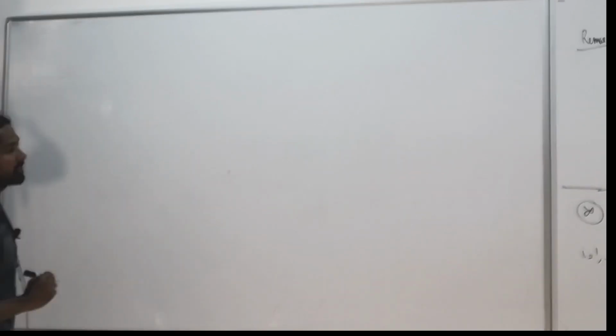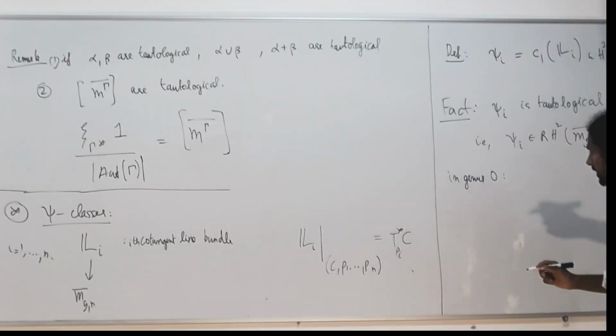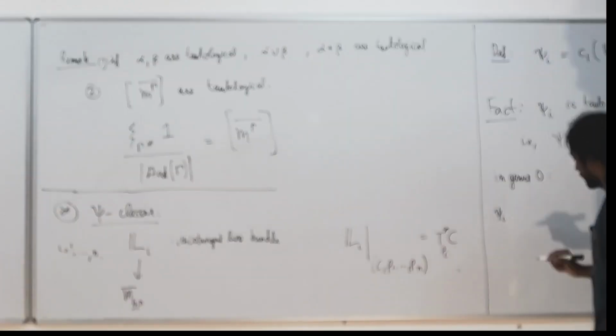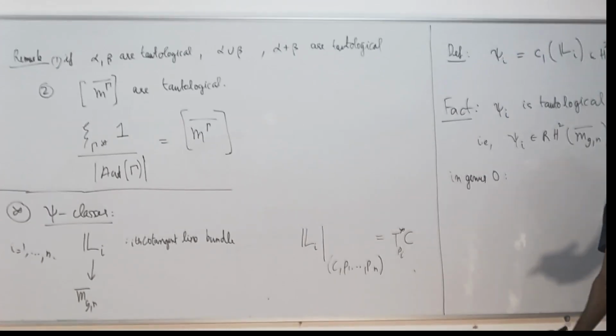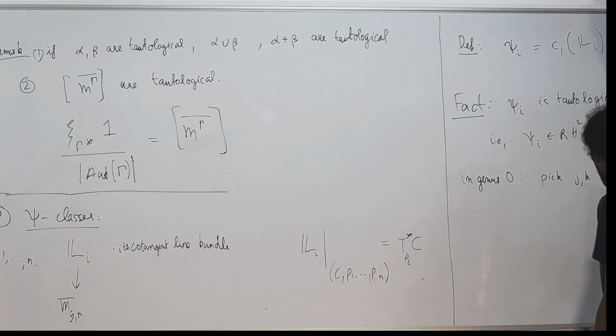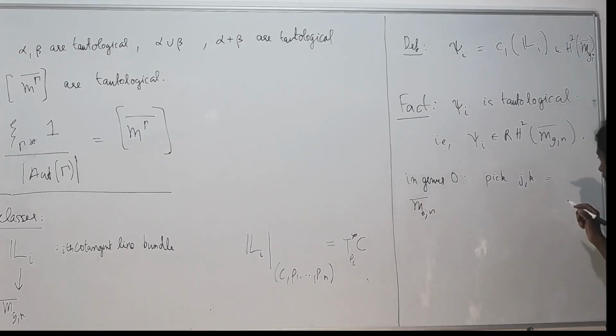Okay, so in genus 0, you can write the psi class, psi_i. I would like to get an expression for it. So what you do is that you pick some j and k that are not equal to each other, and not equal to i, and so we're in M_{0,n} bar.